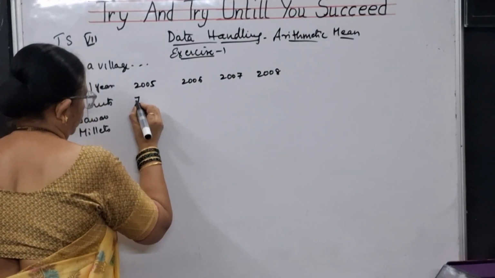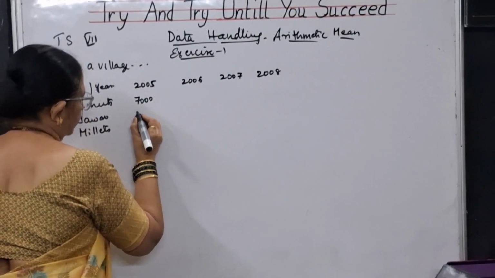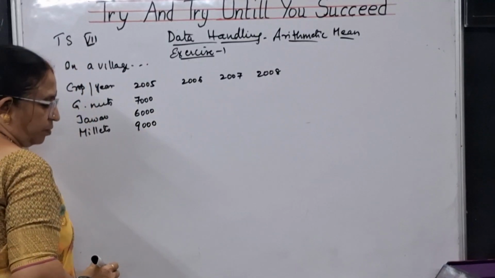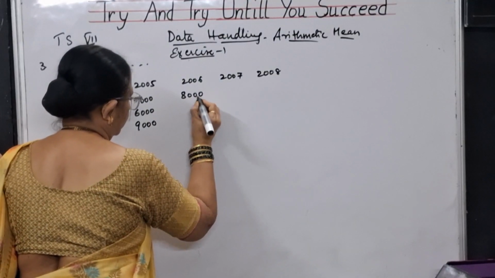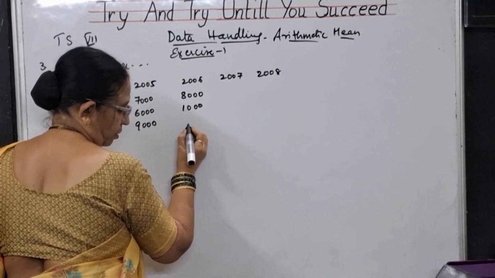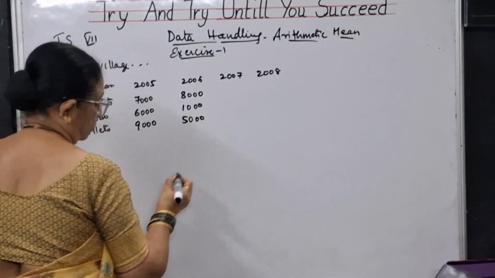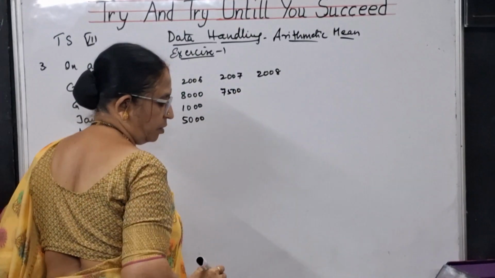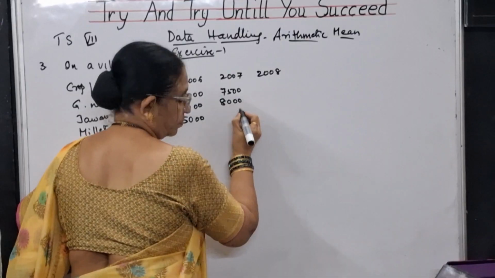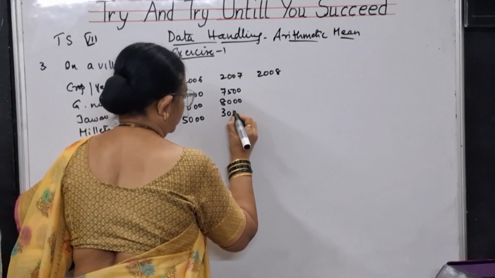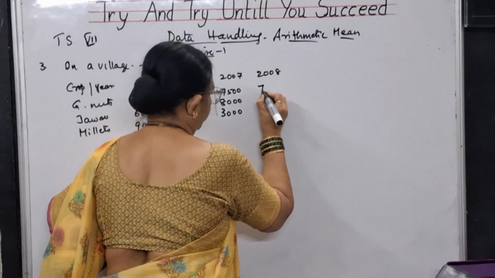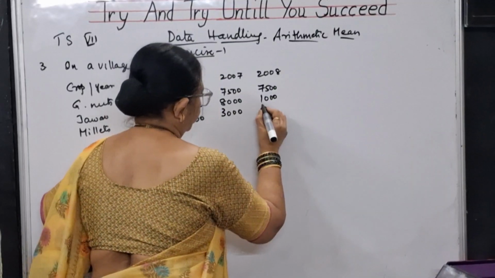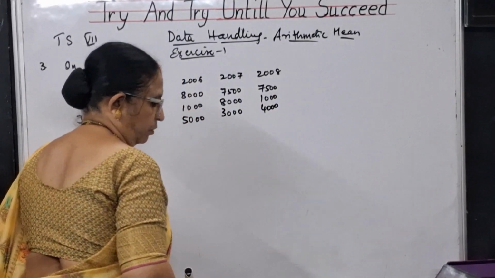So 7,000, 6,000, 9,000, 8,000, 1,000, 5,000, 7,500, 8,000, 3,000, 7,500, 1,000, 4,000.